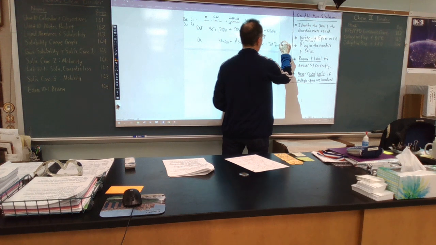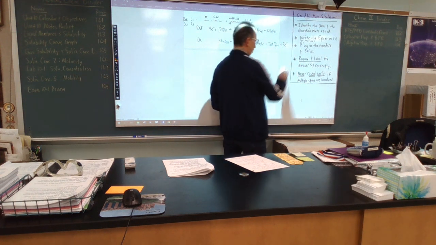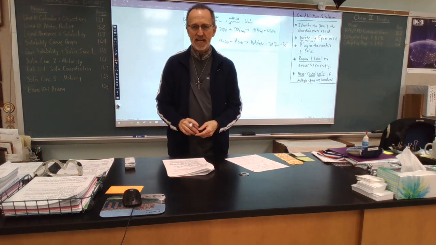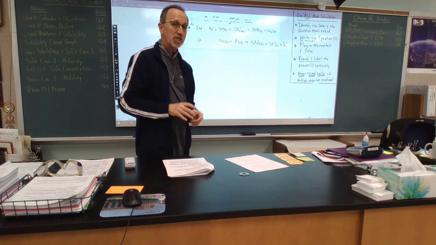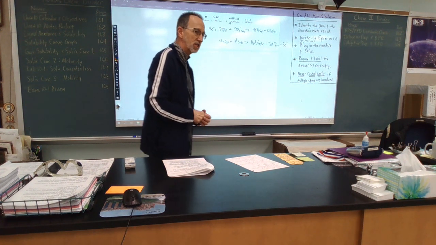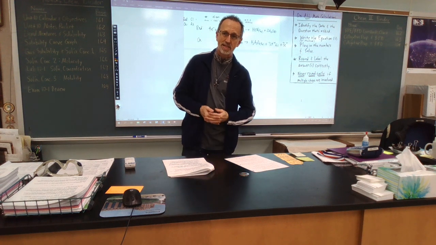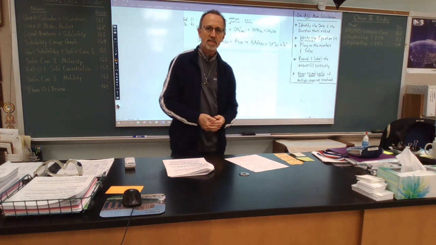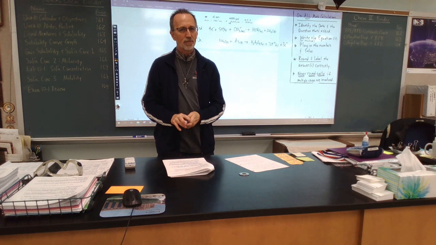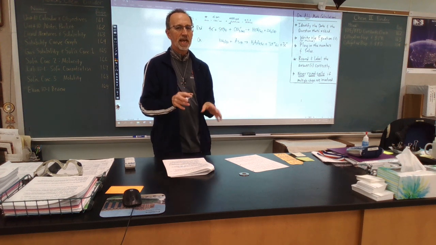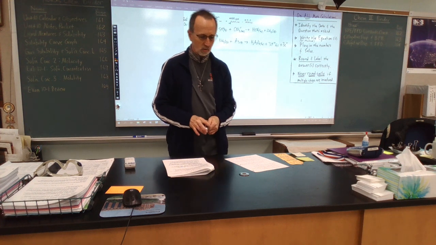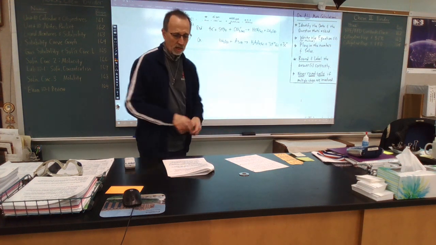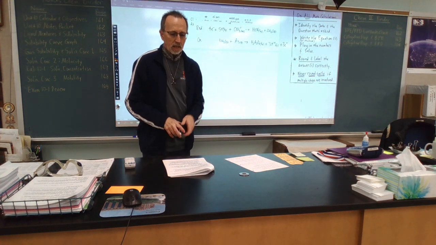So we're going to add 3 electrons to the right side to bring that into balance. And again, in oxidation, electrons are lost or released. And so in an oxidation half reaction, the electrons always would be on the right side of the equation. So we've gone through all that.